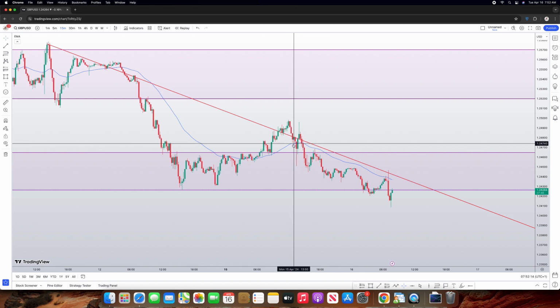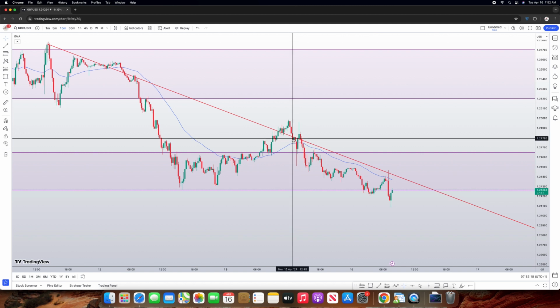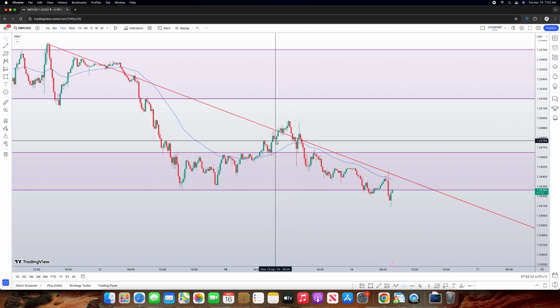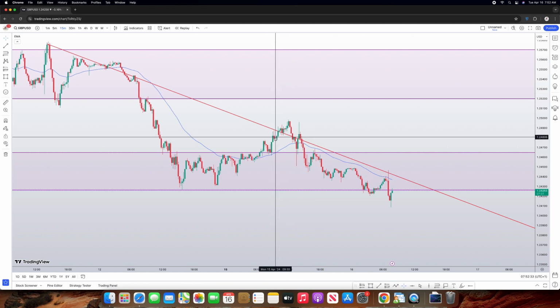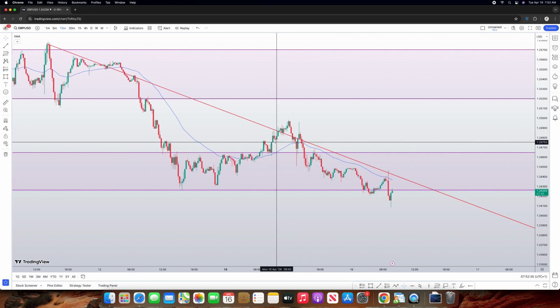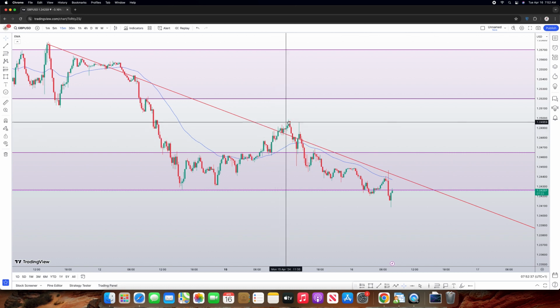if the market breaks below this moving average and retests it. You can see this lower high here, because this is the 15 minutes time frame. This is the low, and this is the higher high.